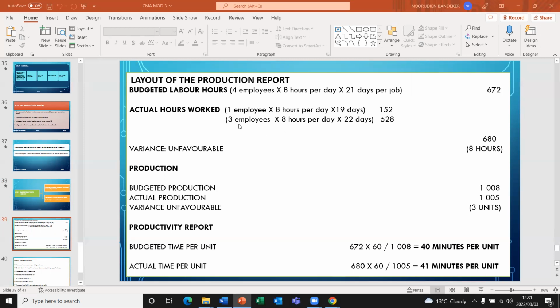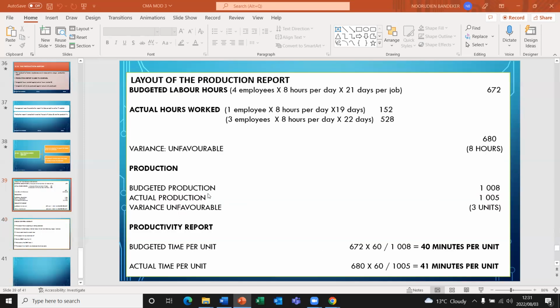Then here's another case where 3 people work 8 hours per day and 22 days. So if you add that together, it gives you 680 hours. Now, when they work more than what they were supposed to, the variance is unfavorable and your answer must be in brackets. If it was the other way around, 680 and 672, the variance would have been favorable and the answer wouldn't have been in brackets.